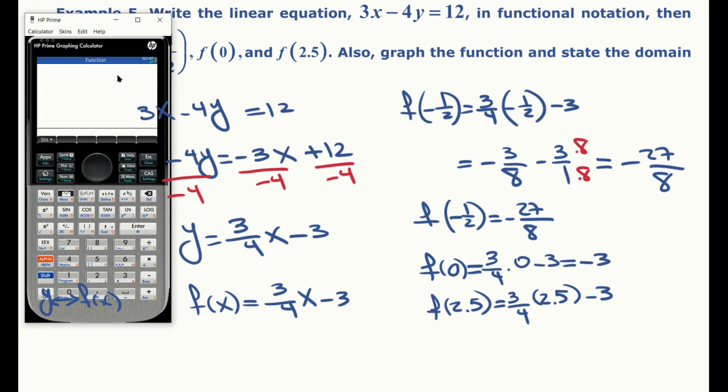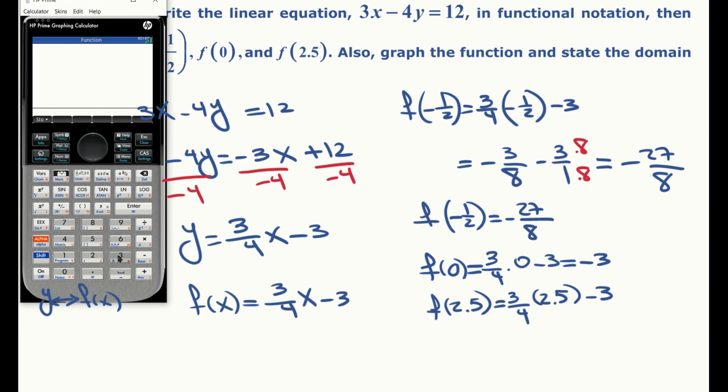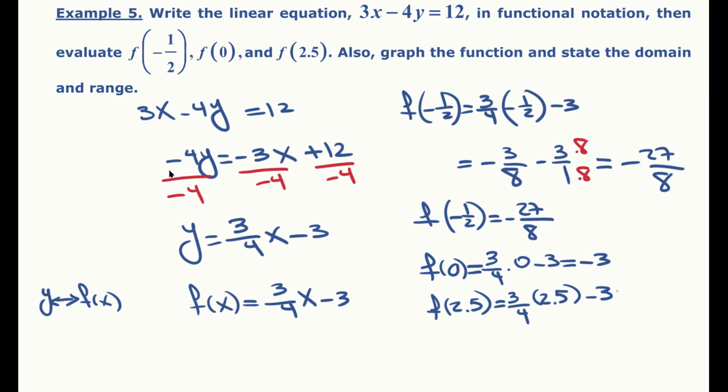So we get 3/4 times 2.5 minus 3. So if I transfer that back into fractional form, we get -9/8. Of course, you can do this manually too. That'll be great practice for you anyway.